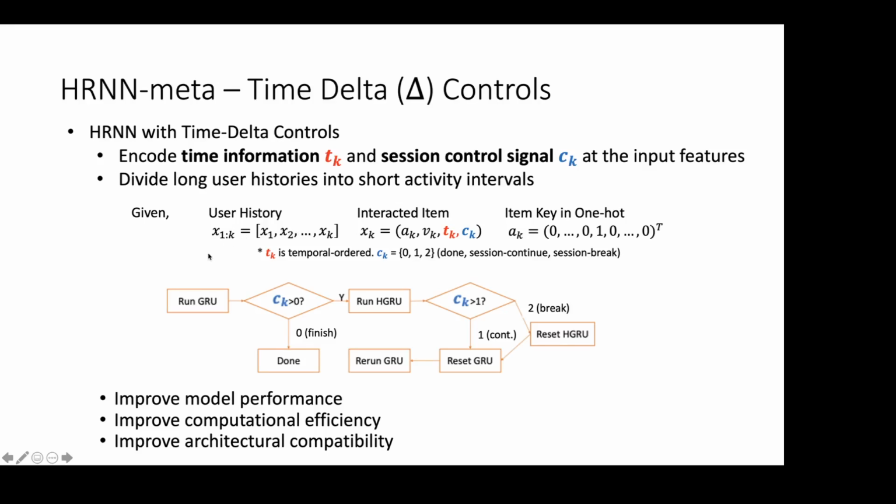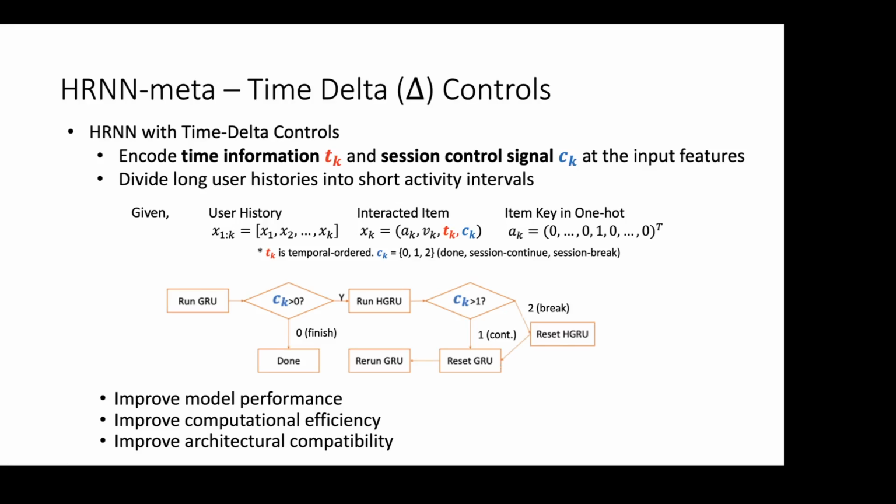But to improve the model performance and computational efficiency, it tries to compact the recurrent neural network into a smaller size. I'm not so sure about how they reset these GRUs, because they were not clear about it.